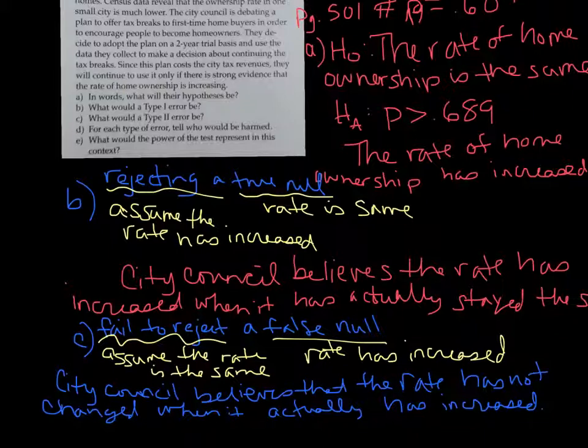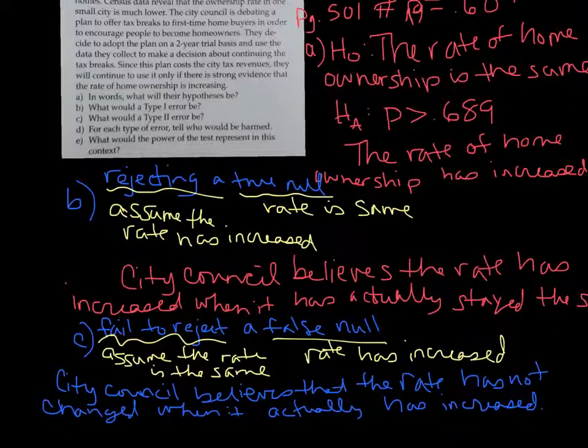So you can see that these two problems, what would a type 1 error be and what would a type 2 error be, are actually a lot more substantial and more difficult than they seem like they would be. So just work through it slowly. You can write things out like I did here. I think it's worth doing all that.